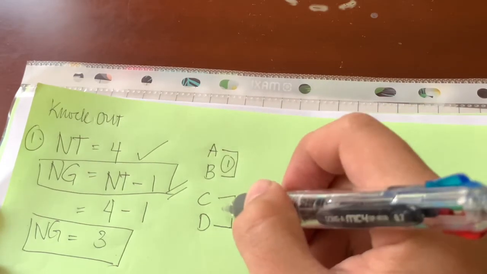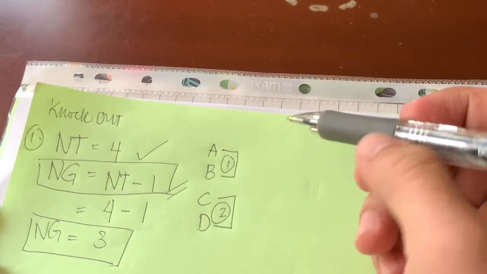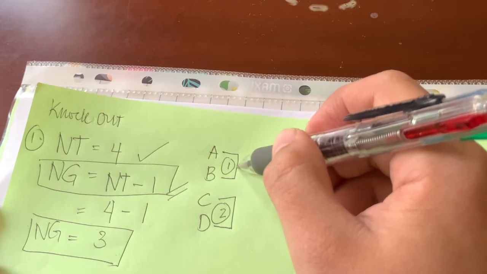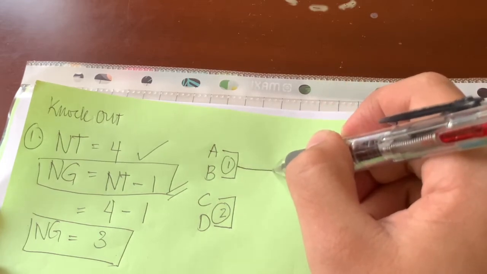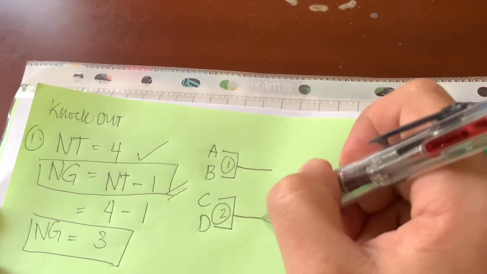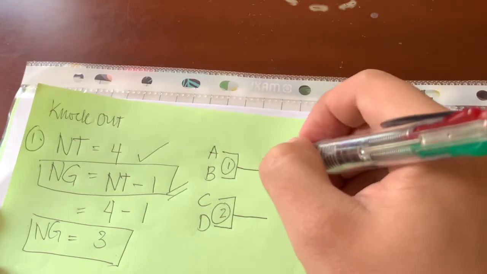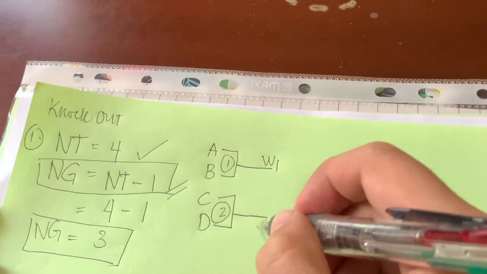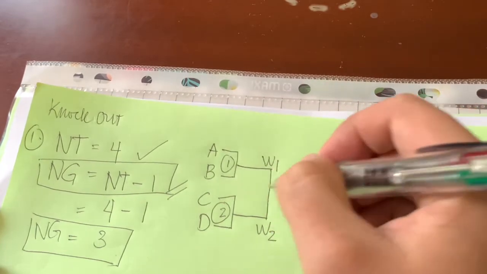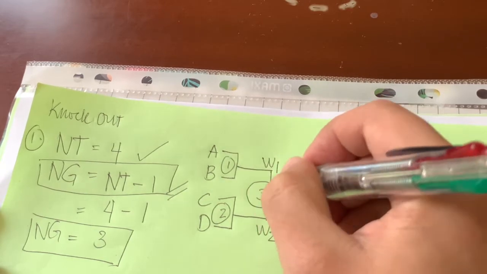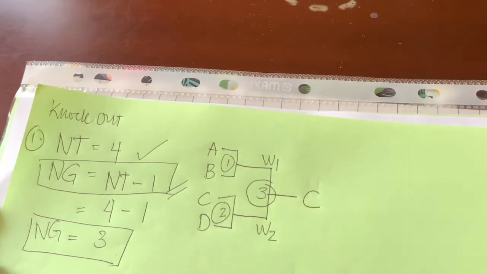Team C and Team D will go for game 2. The winner of game 1 will advance to the next round. We will call it winner 1 here, and here is winner 2. They'll meet in the finals and play in the championship round.